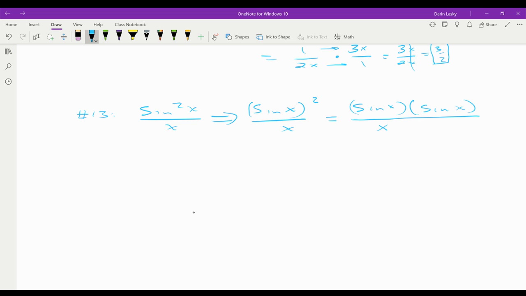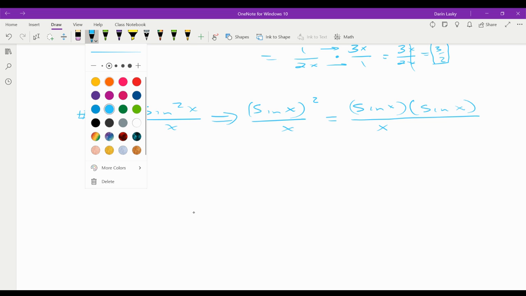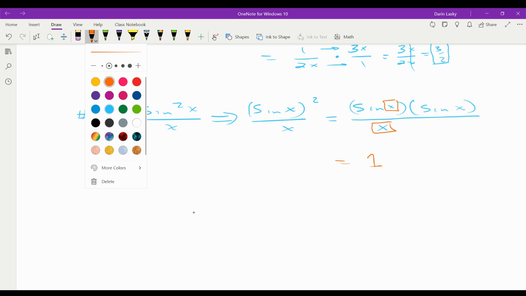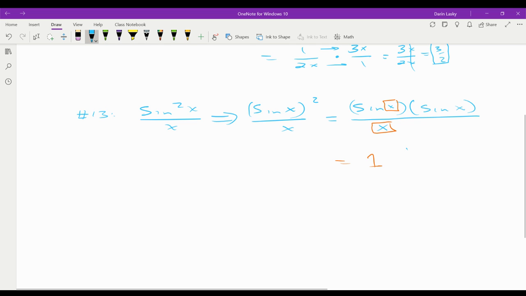So I'm just going to put it over here. If I look at that particular one, the boxes are the same. That means I can use a trig identity. This trig identity makes that equal to 1. But I still have 1 sine of x left. Sine of x. Okay?